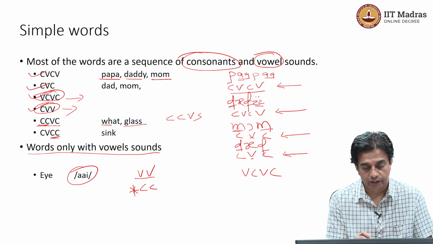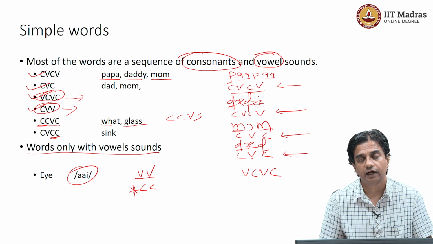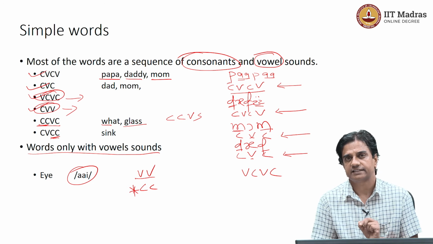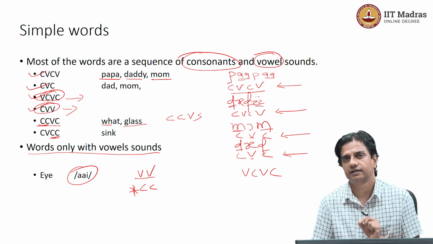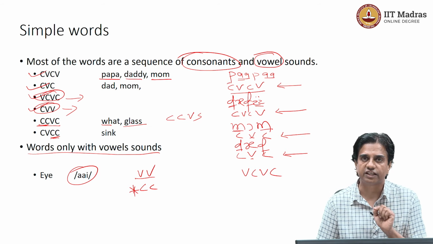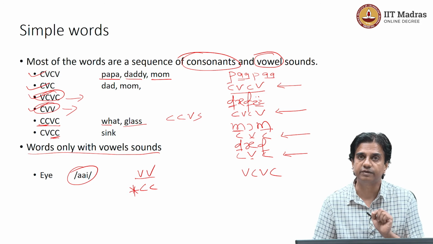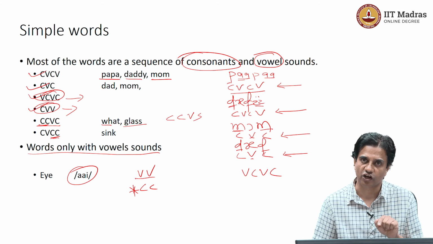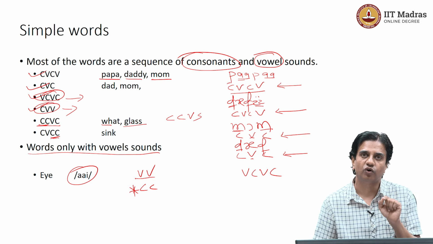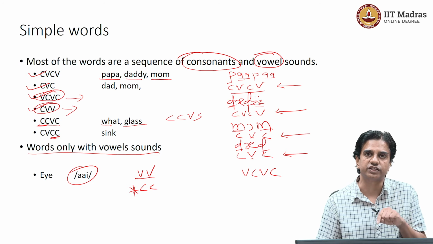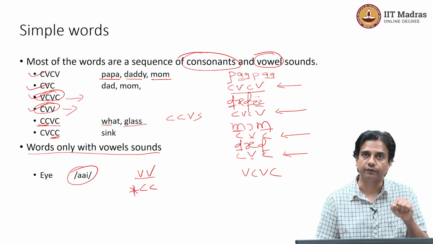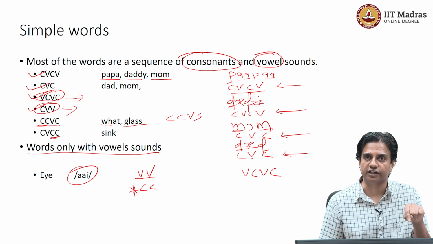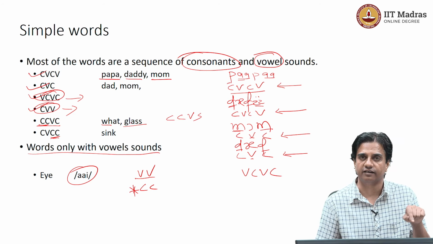So, G and L are making a cluster. That is, say this word to yourself, glass, glass. The G sound does not retain the inbuilt a sound in it. It has lost it. That is, in a cluster, only the first sound loses that inbuilt vowel. The L sound has the a vowel on it. So, gla.